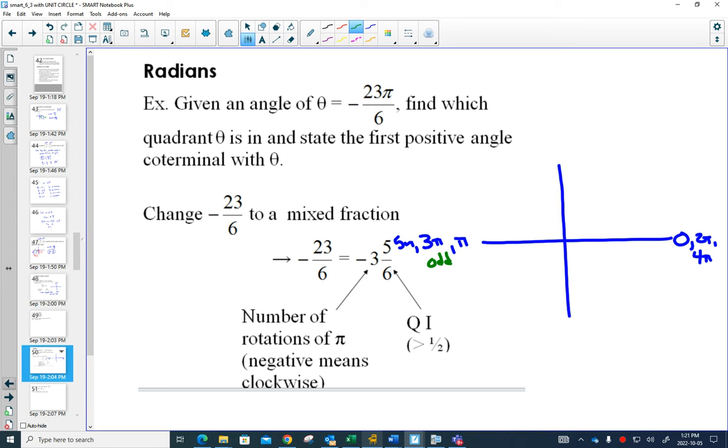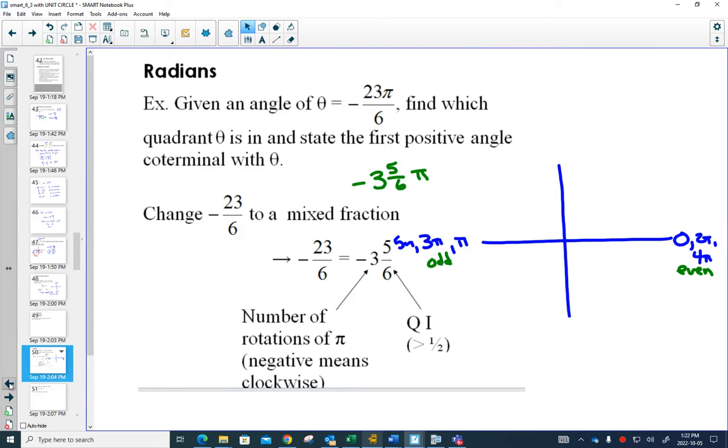And the coefficients here are always odd, and the coefficients here are always even. So if I take the 23 over 6 and change it to a mixed fraction, 23 over 6 is 3 and 5/6 pi, so negative 23 pi over 6 would be negative 3 and 5/6 pi.